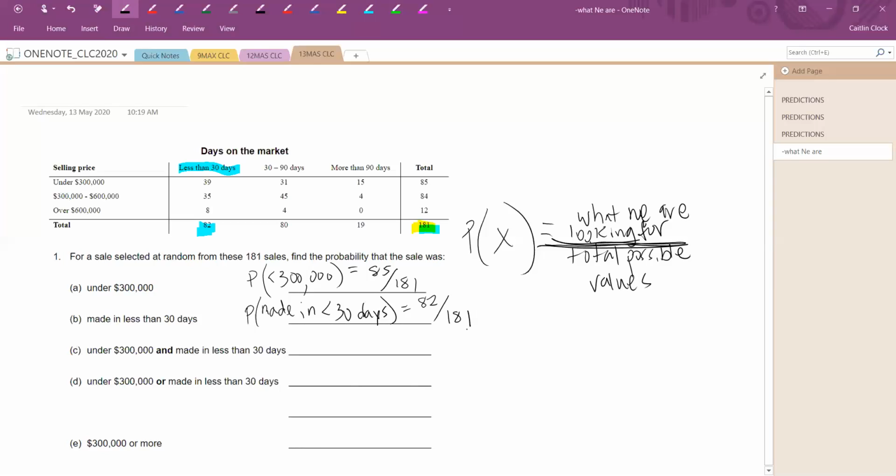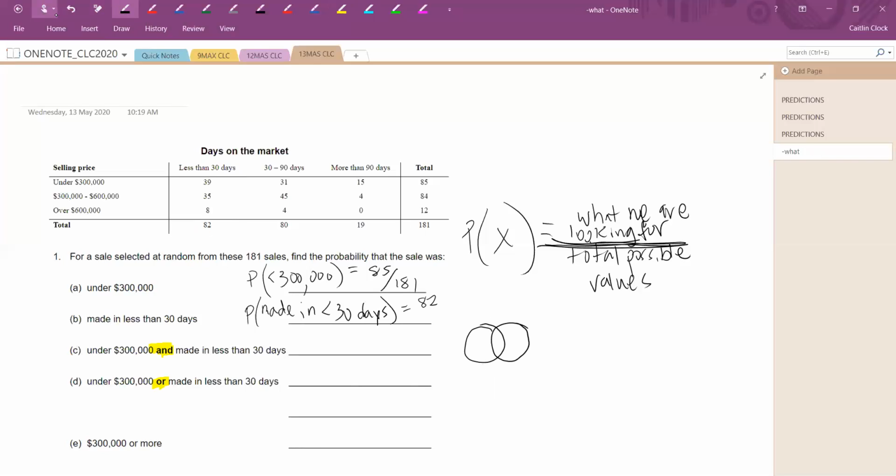Now, the next 2 questions, we have these special words. "And" is important because it means we're trying to find both of the pieces.